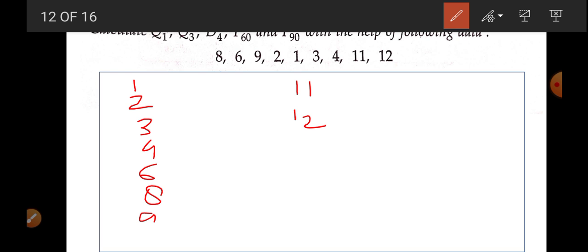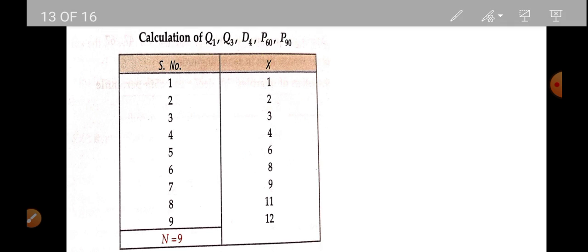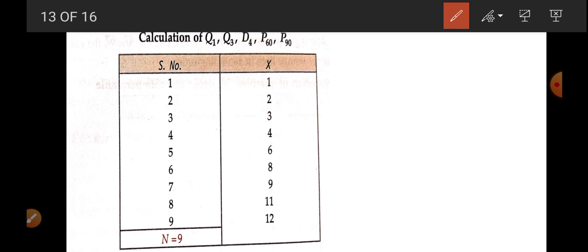So how many values are there? 1, 2, 3, 4, 5, 6, 7, 8, 9. So what will be the value of n? 9. Okay student. So here you can see we are going to write serial numbers, so n is equal to 9, and we are going to arrange all the values in ascending order.